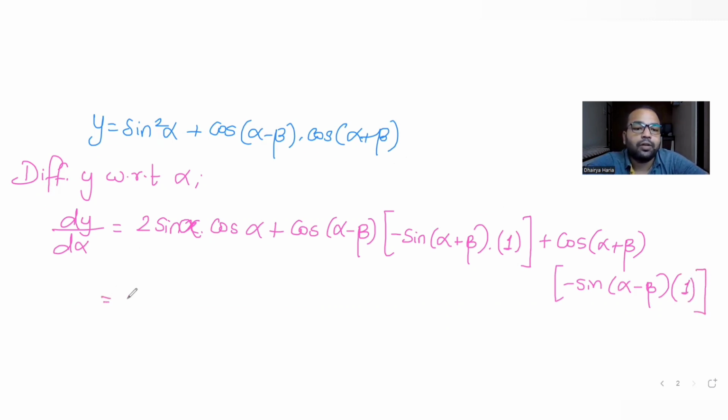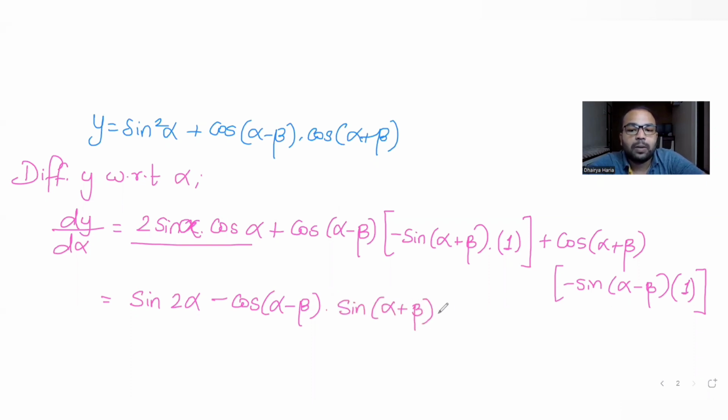So you get here 2 sin α cos α, so sin 2α. Then cos(α−β) times minus sin(α+β), minus sin(α−β) times cos(α+β).